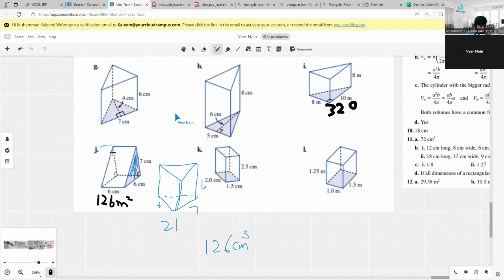Did you understand? If you push this side down, let's assume that this side is on the earth. This one will be the top face, and I'm considering this one the back side. You can also consider it this way. The shape will be like this.